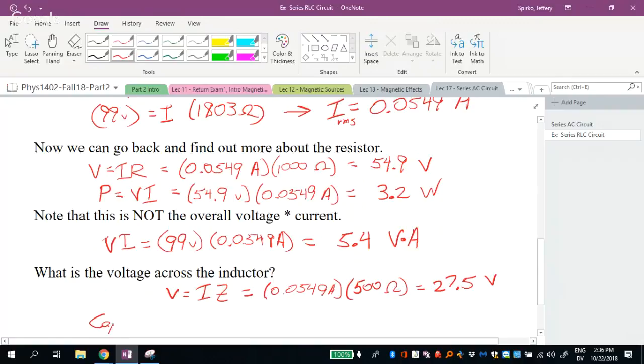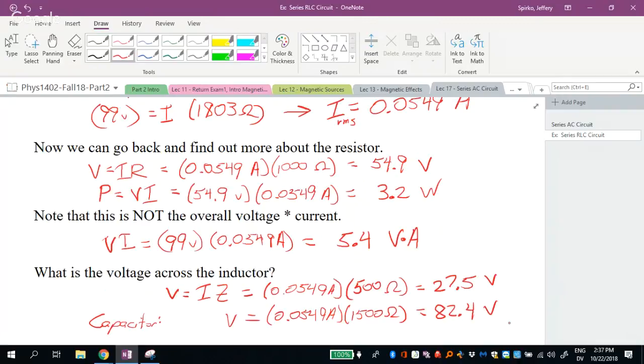And then for the capacitor, V equals 0.0549 amps times 1500 ohms equals 82.4 volts.